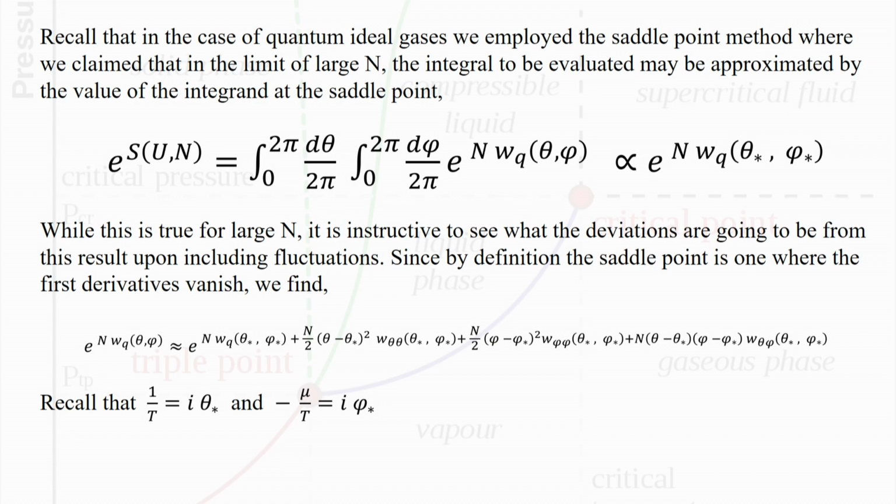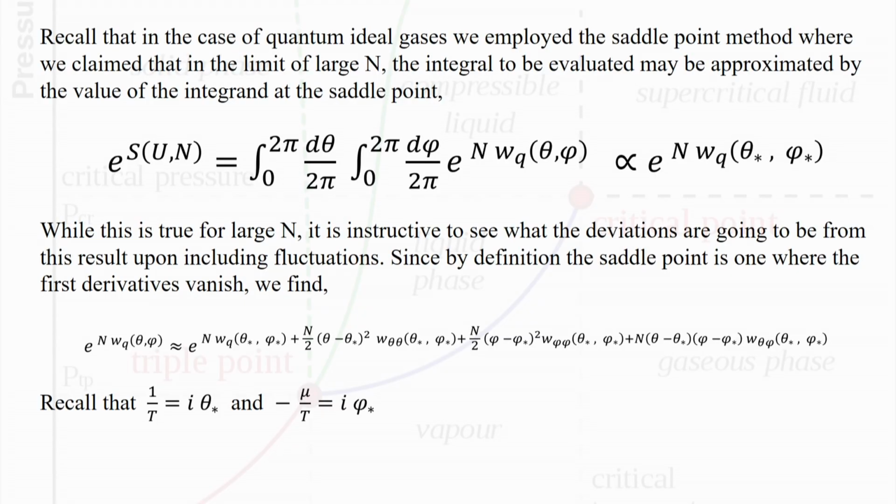But for a quantum system, if you recall, there were these angles called theta and phi over which I had to integrate. Then I invoked something called a saddle point method, without proving it, where I said that it's legitimate to replace this by some quantities called theta star, phi star. These are the quantum analogues of the most probable values that I was talking about till now.